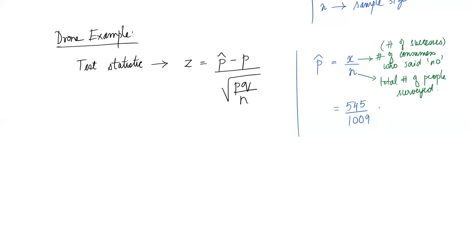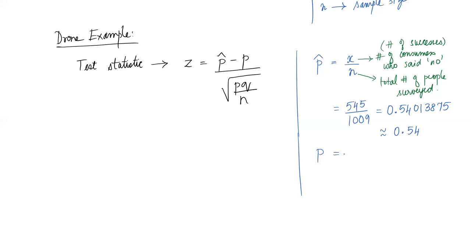And the percentage they gave us was 54%, right? That's a rounded version. If you did the fractional version, then your actual answer comes out to be 0.540138875. So you get a longer number. Because they gave us 0.54, 54%, we can round it to 0.54. All right, so that was p hat.